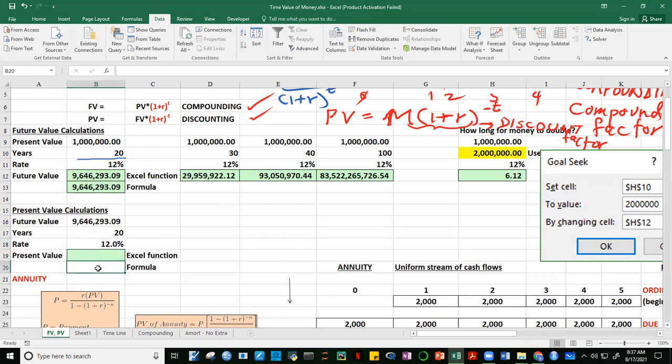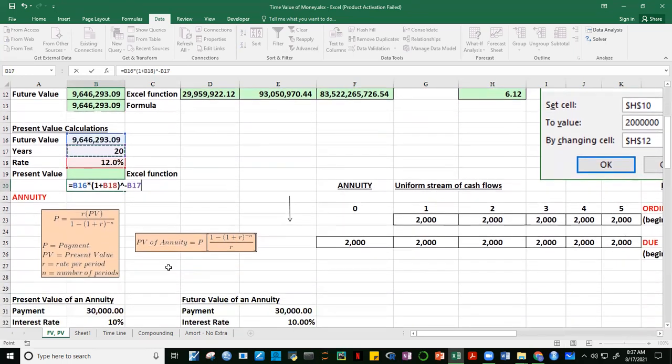Okay, so let's first use the formula. To get the present value, we use the discounting factor. So that's the future value times 1 plus the rate of 12%, shift 6, and then negative 20. So this is the future value times 1 plus R raised to the negative 20.